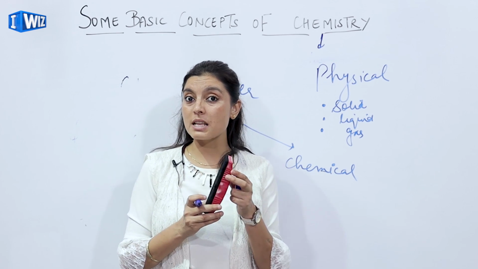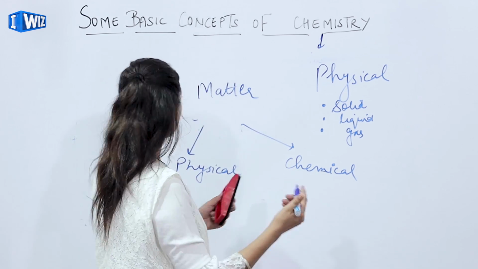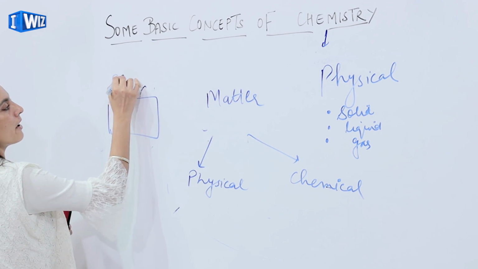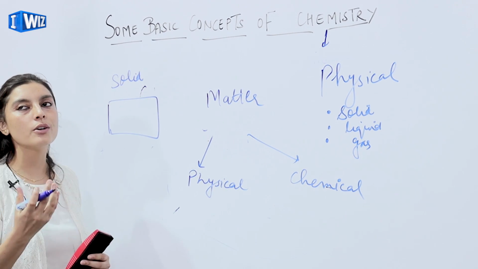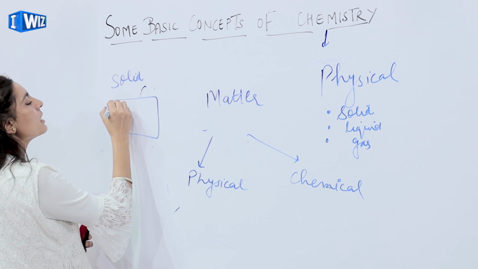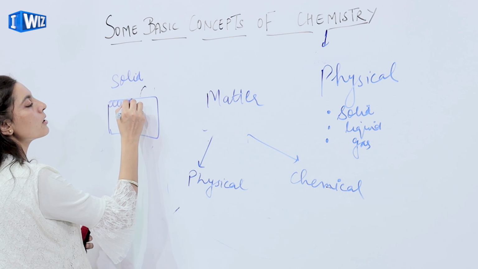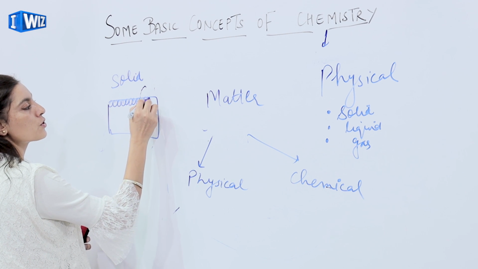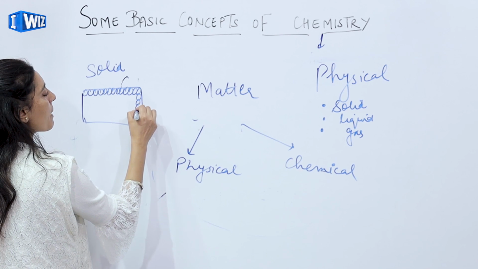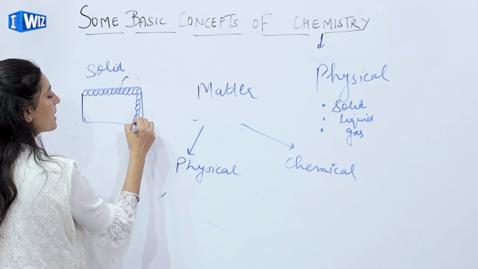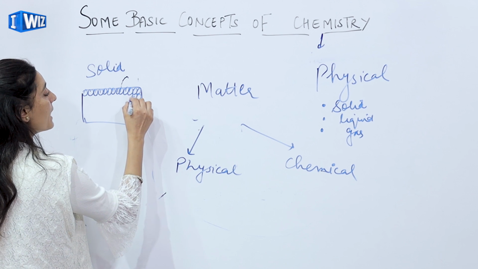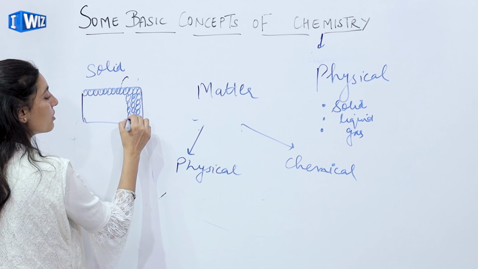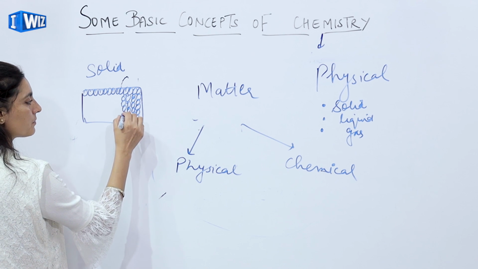The atoms are closely packed in this duster. So whenever we talk about a solid, the very first thing that should come to mind is that the particles are very closely packed. When the particles are closely packed, it means they might not have any intermolecular space of interaction.